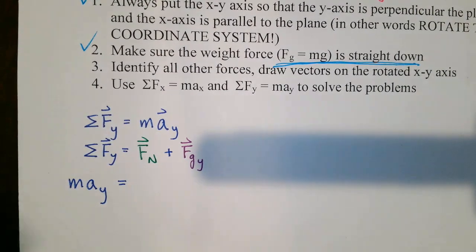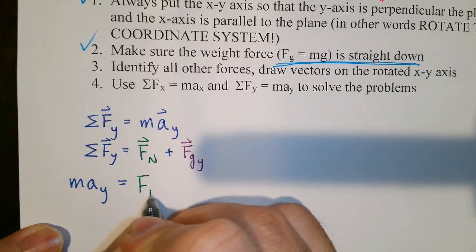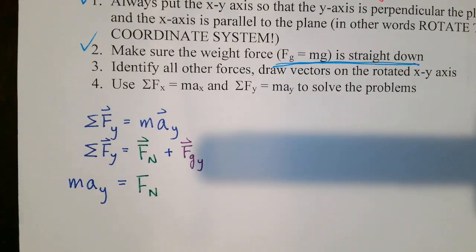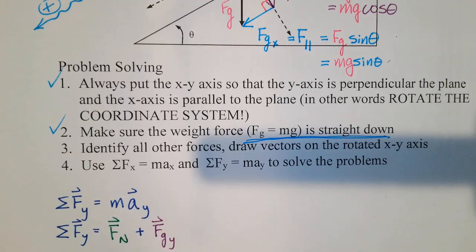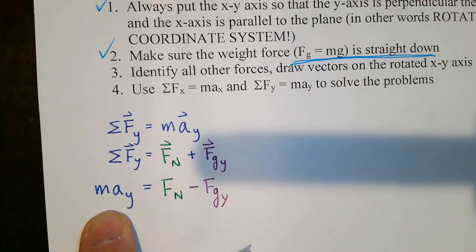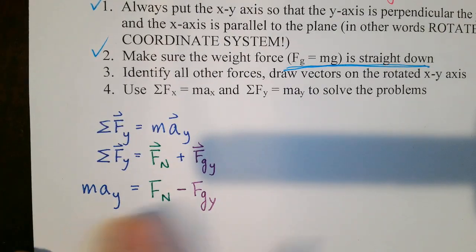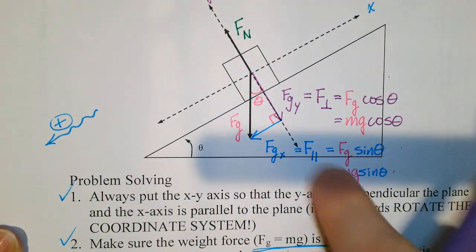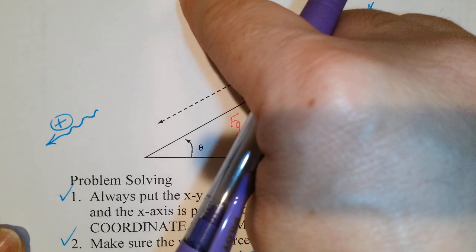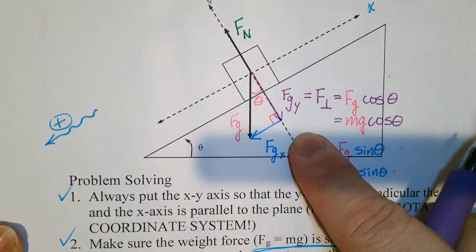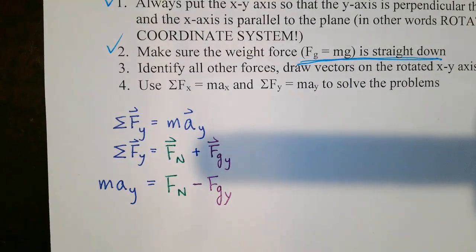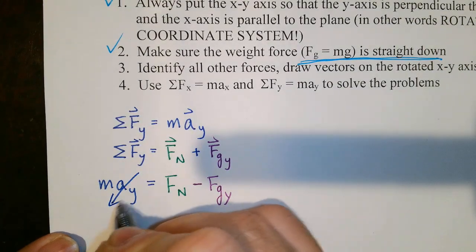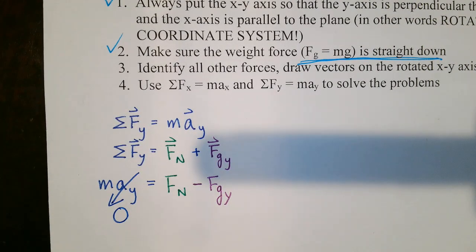So I keep that F normal positive, minus FGY, because FGY is pointing in the opposite direction of positive. But I said earlier, this box is not going to be accelerating in the y direction, either up or down. It's not going to be levitating off the incline, or going through the incline. So my AY is 0, and this whole term just goes to 0 in our case.